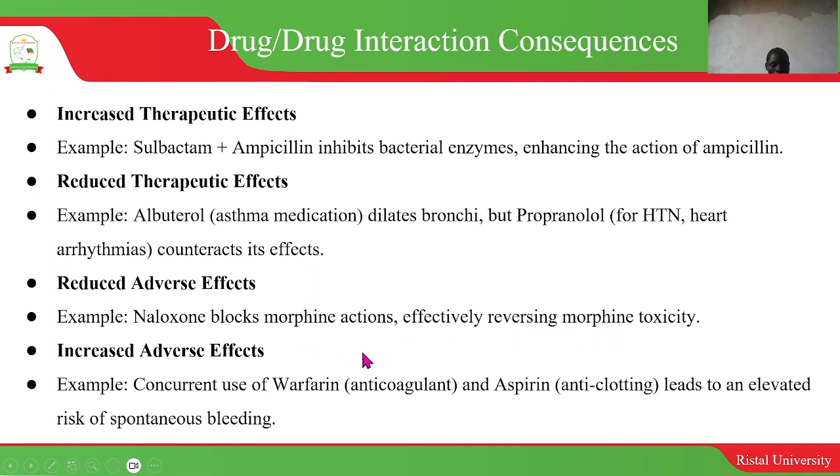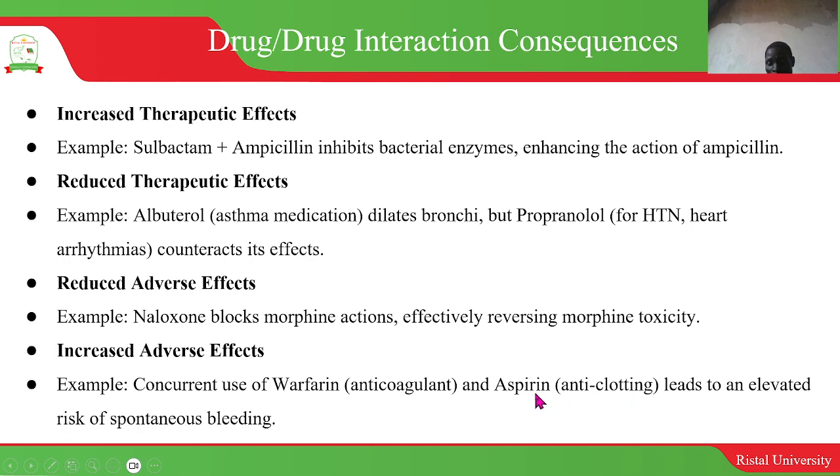We can have increased adverse effects. The example here is if we use warfarin, which is an anticoagulant, okay? Maybe somebody is at risk of developing deep vein thrombosis because of venous stenosis, and we are administering warfarin because of a coagulation disorder. At the same time, this person is also taking aspirin, which is also an anti-clotting agent.